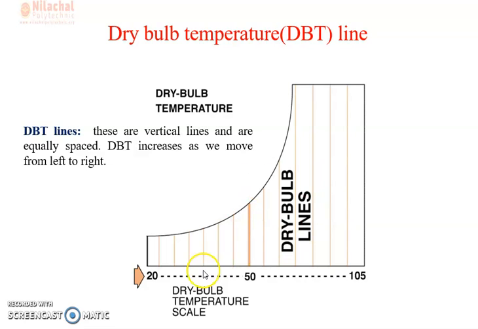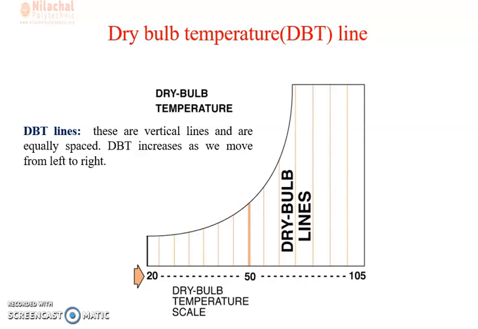First, start with the dry bulb temperature. The dry bulb temperature is taken as the horizontal axis, as I already said, and here you observe the dry bulb temperature lines are vertical, parallel to each other and equally spaced. Generally, the temperature range of these lines on the psychrometric chart is 20 to 105.